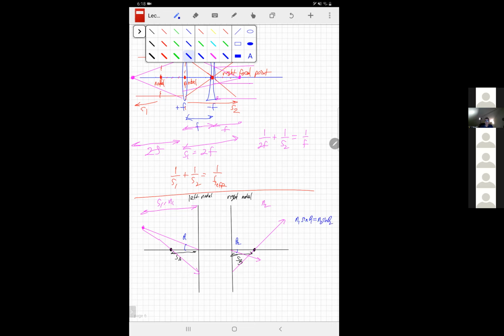So if you aim something at the nodal point on the left, it will come out through the nodal point on the right, and the angle that it makes will be given by Snell's law. Any questions so far?